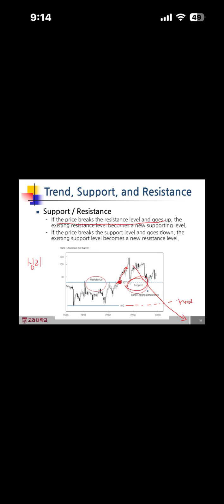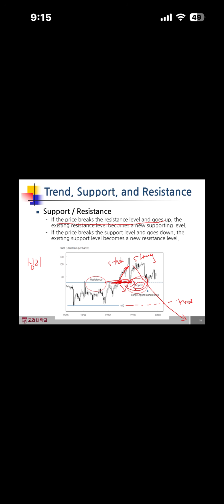Say you sold the stock because it reached the resistance level, in a belief that the stock will revert back. But if the stock breaks through the resistance level and goes up, you now believe the stock has stronger momentum than you thought. In that case, you will start believing that the price will never fall back below this resistance level, which becomes a new support level.